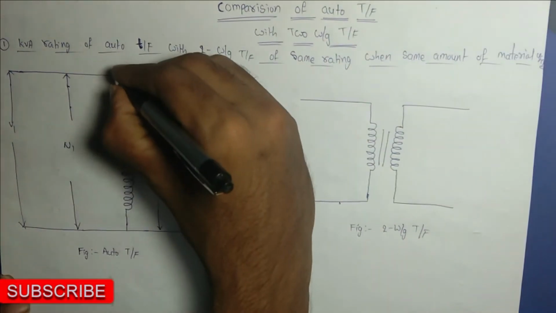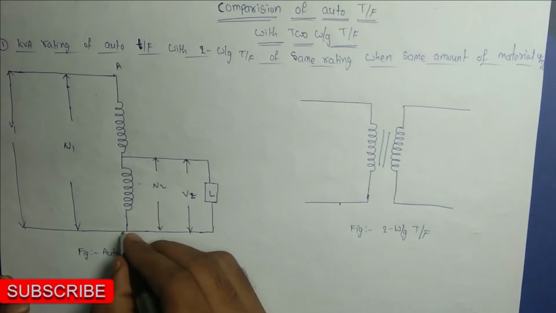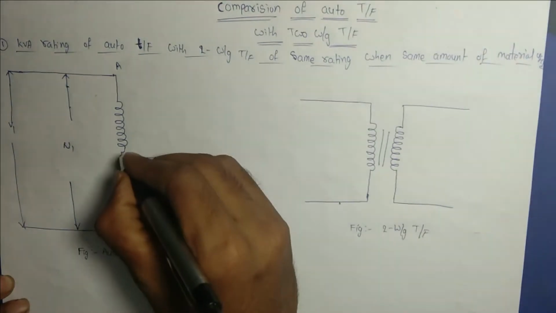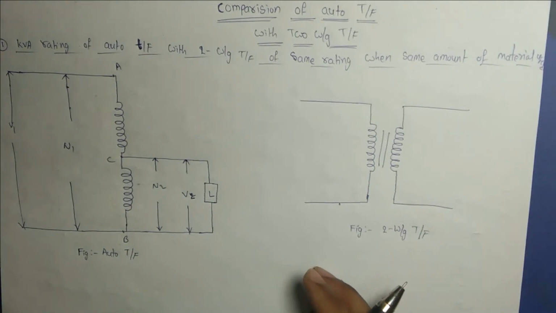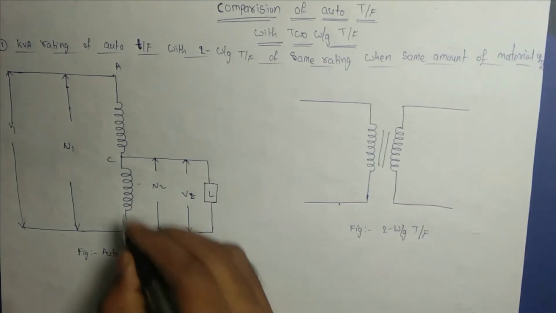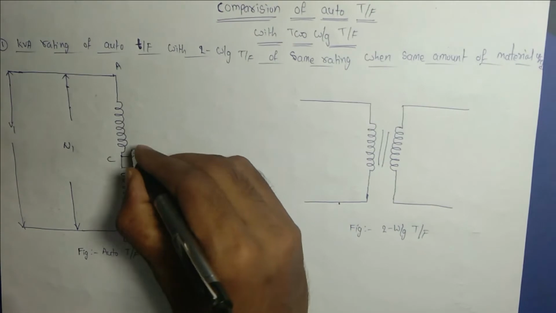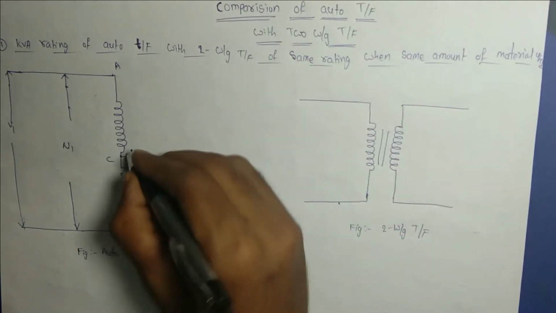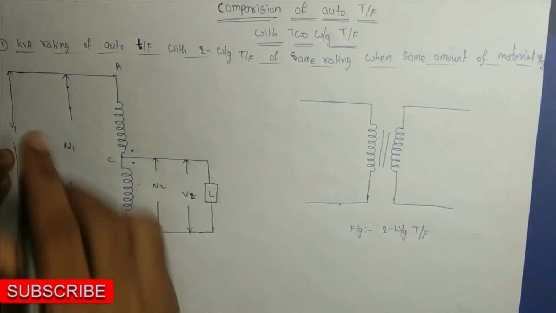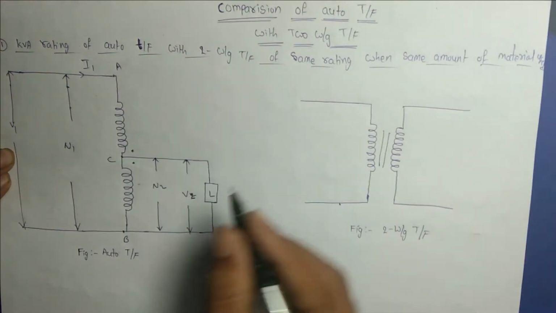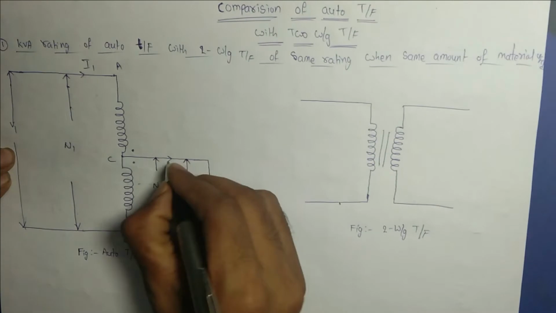Okay, this point is represented as A, and this is B, and this is C. Here we are using additive polarity. The current flowing through the primary of the auto transformer is I1. The current flowing through the load is I2.